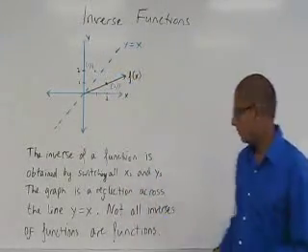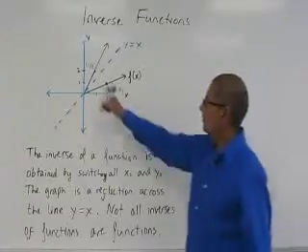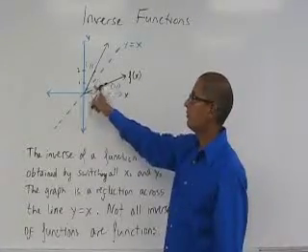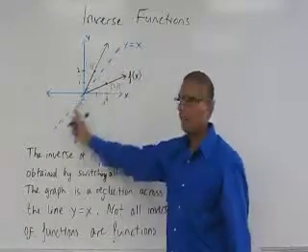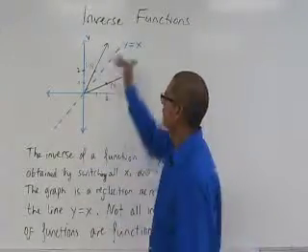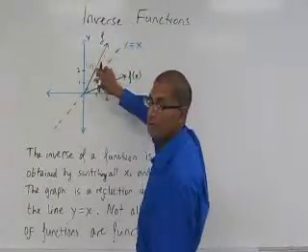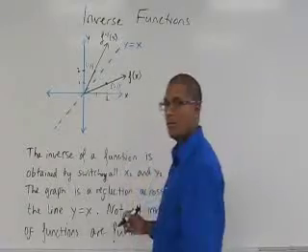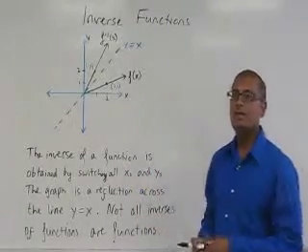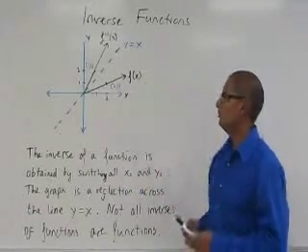The graph would look like this line here, which is a reflection across the y equals x line. Because this is a function, we would call this f to the negative 1 of x. That doesn't mean a power, it means the negative 1 there means inverse function. So that would be the inverse of this function.